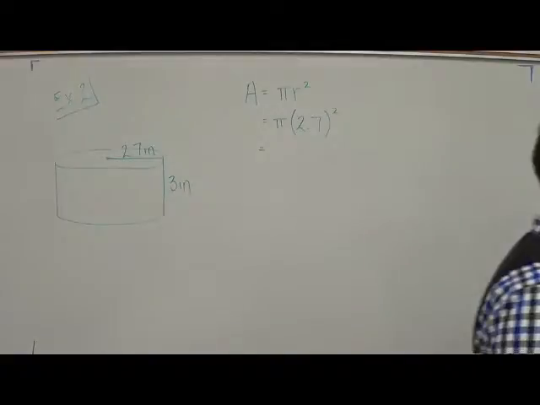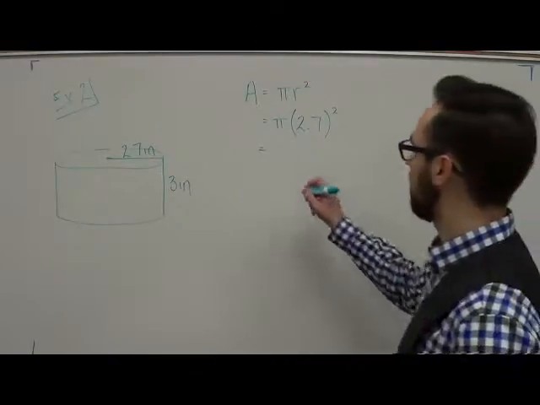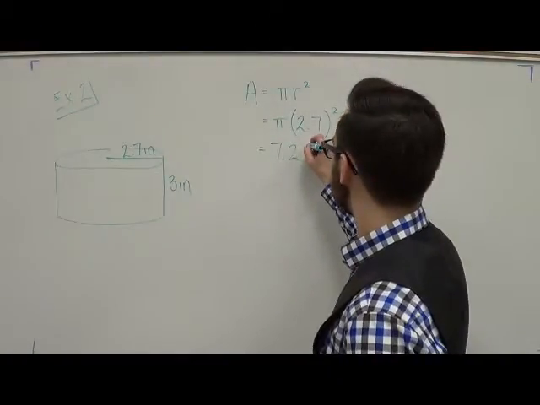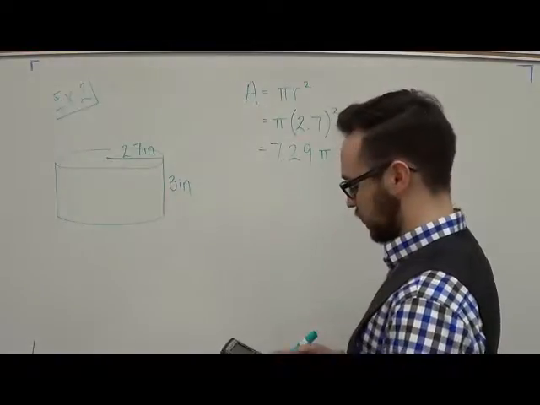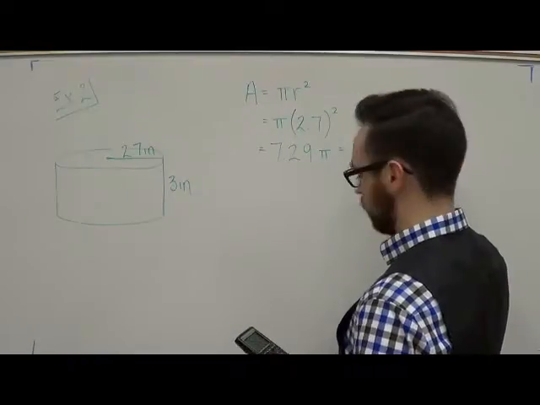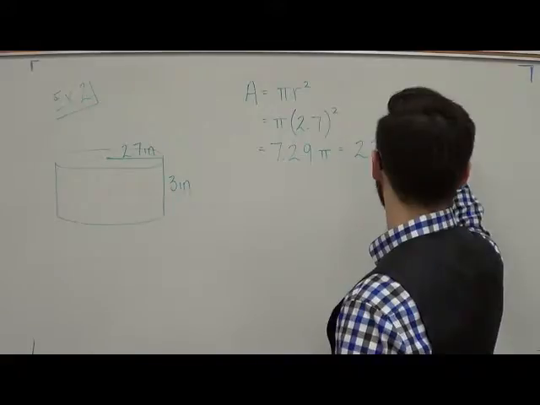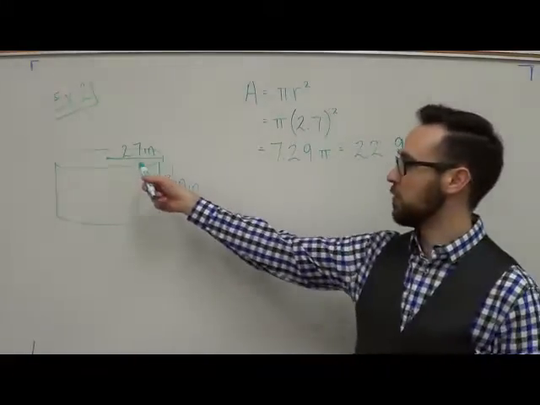So the area there is 7.29 times pi, which equals 22.9 square inches. Now remember, this is the area of the top circle.